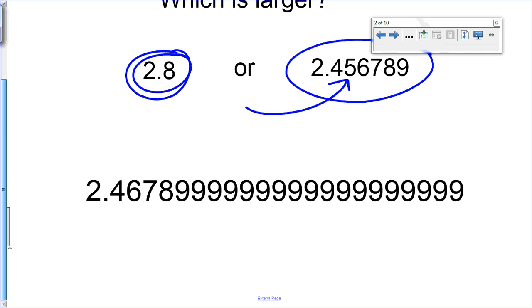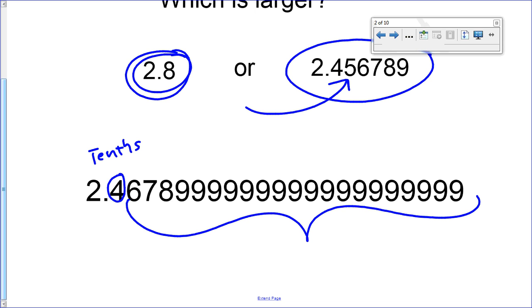Okay, so another question, and hopefully this can spur some thought here. You may know that this number is in what we call the tenths place. Now the question is, if we were to add all these numbers, let's just say we were to add all of those numbers, the 6 all the way out here to the 9, would they ever equal this number?